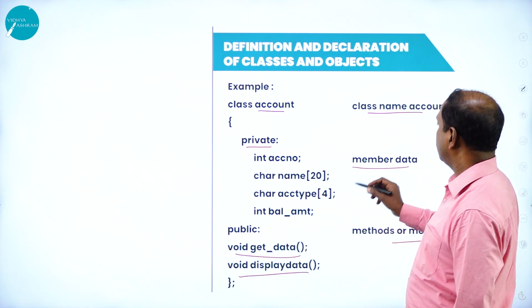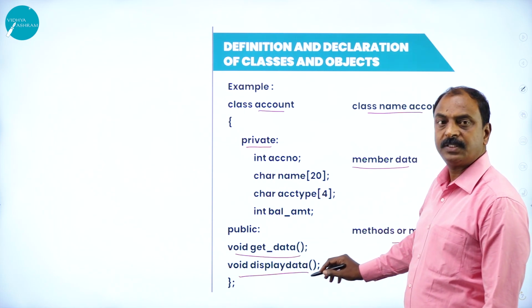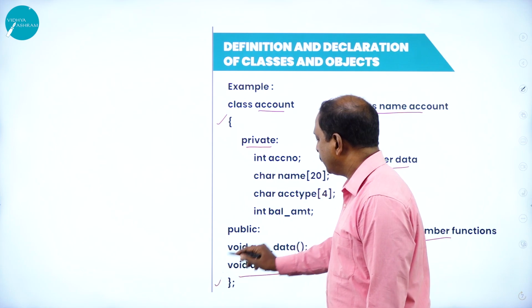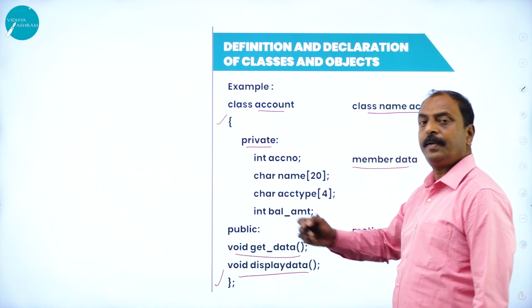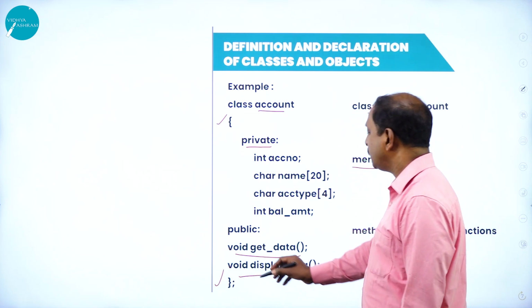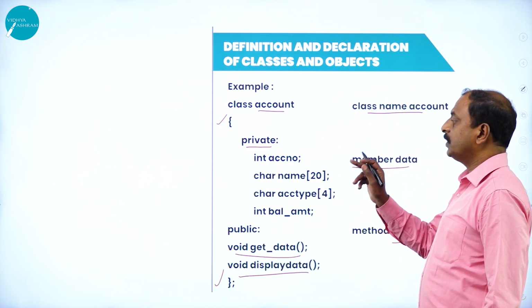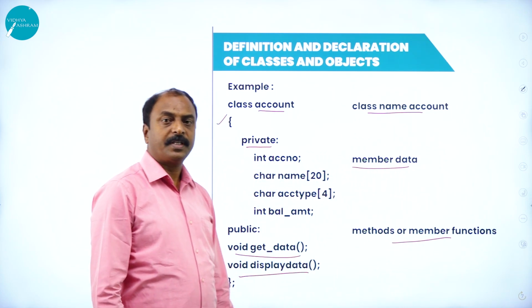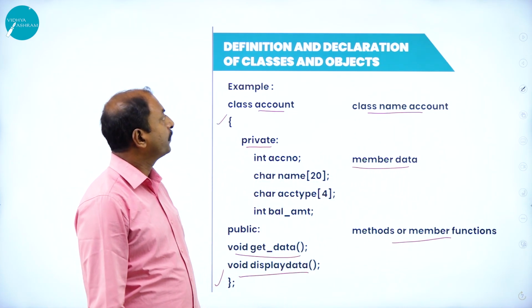The data members and member functions are enclosed between a pair of brackets, and we close the class with a semicolon. That is important syntax. So this is an example of how to declare a class.